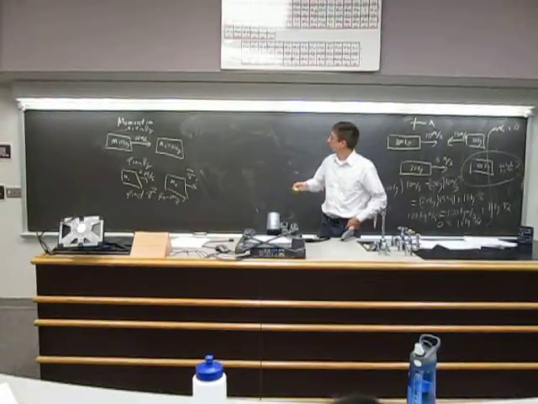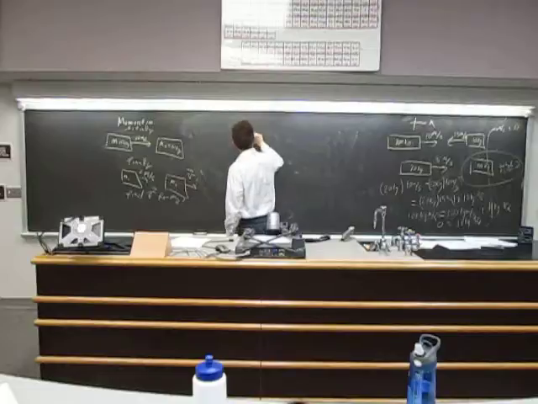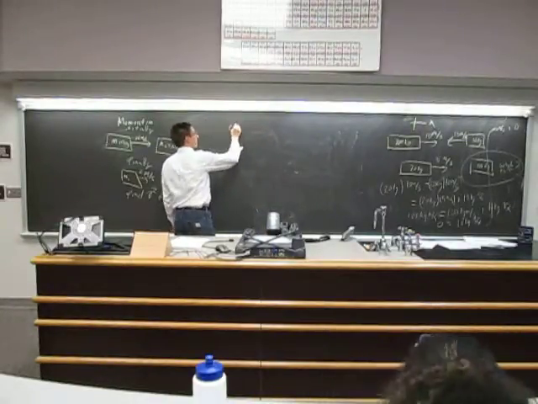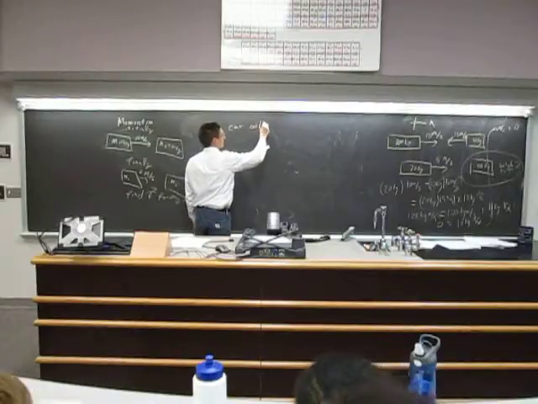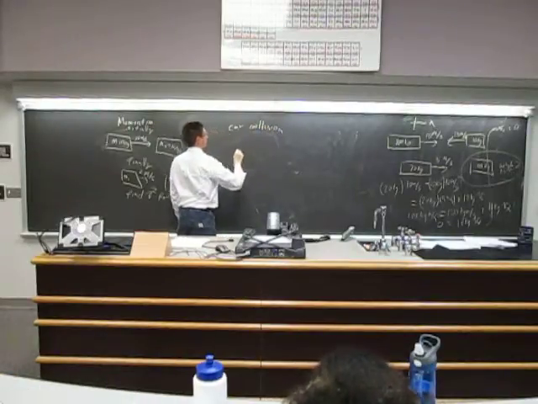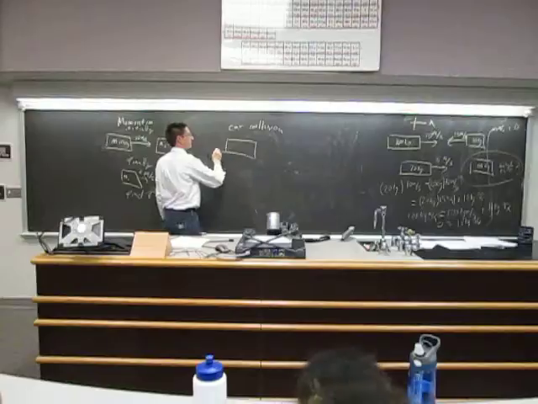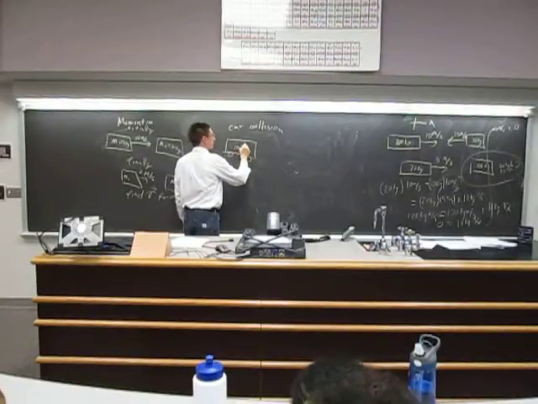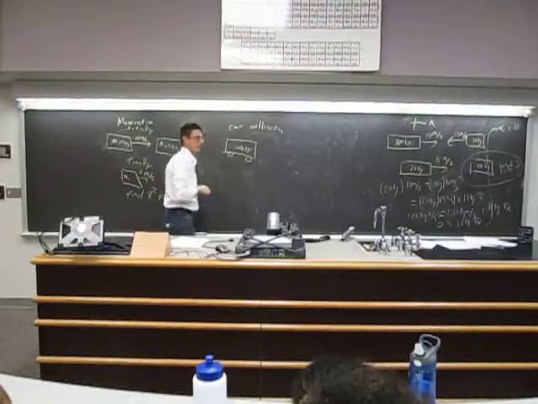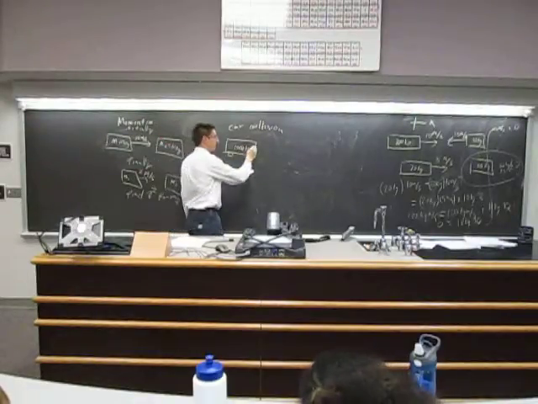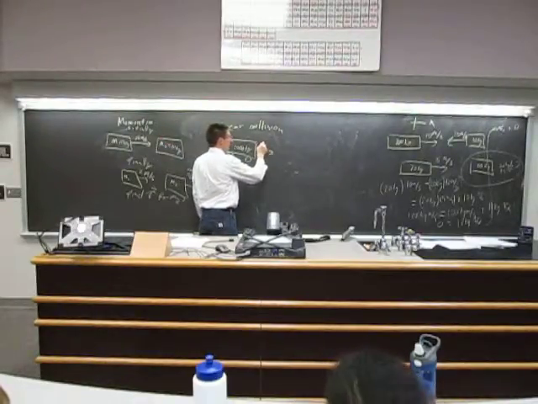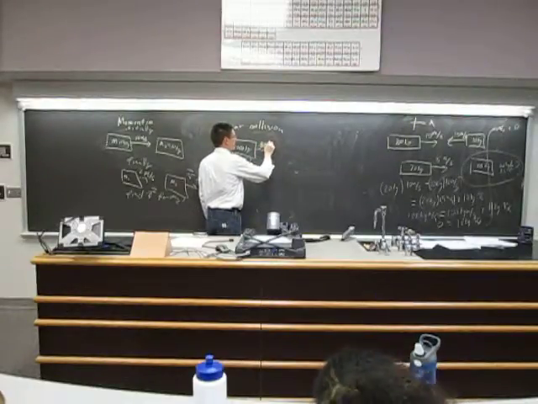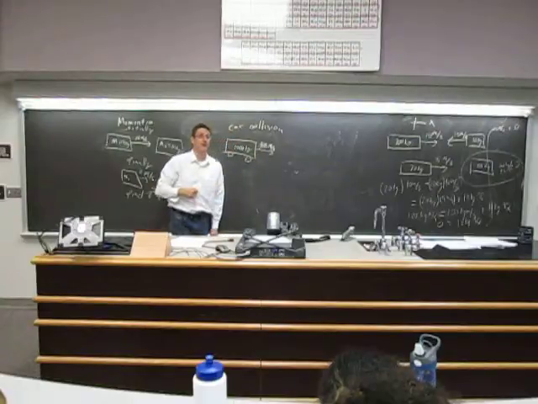Okay, so let's do another one. Let's say we have a car collision. Let's say I have a 1,000-kilogram car. This is a pretty light car, but the number's good. Going crazy fast at 50 meters per second.